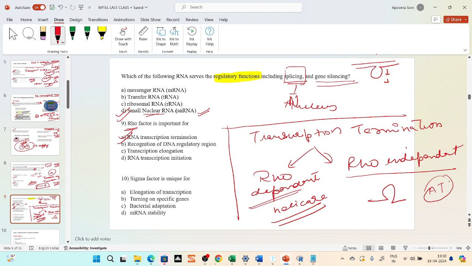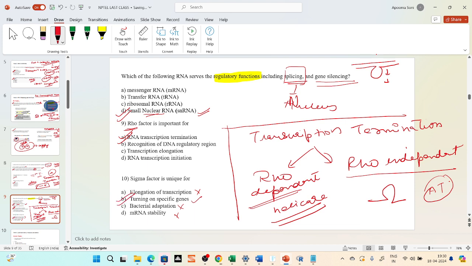No. mRNA stability? No. Bacterial adaptation? No. Turning on specific genes? It might be the answer, although this is not the exact answer of this question. This statement is not giving the exact answer, but out of all the statements, it is the nearest to the answer.